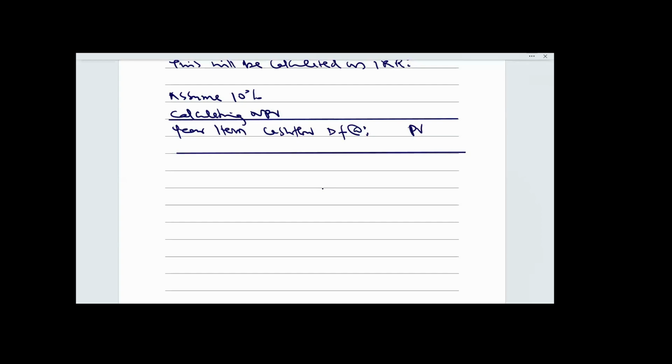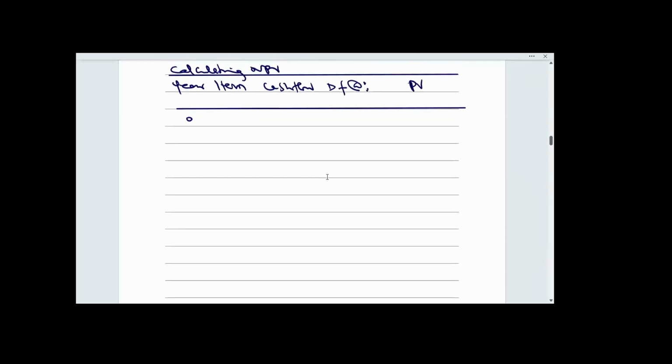Okay, so year 0. We are told that this preference share will be redeemed in 5 years' time, which means that the company will pay annual fixed dividend from year 1 to year 5. So because the dividend is fixed, therefore I will calculate from year 1 to 5.